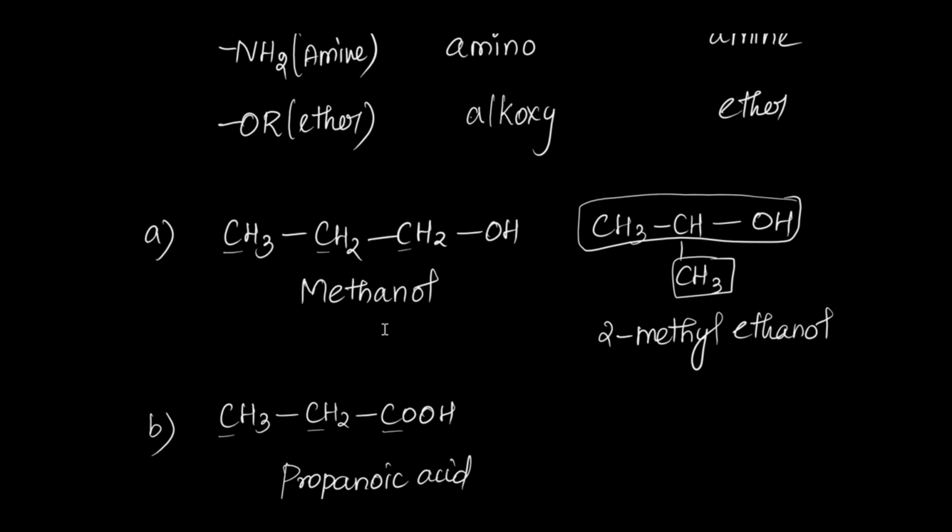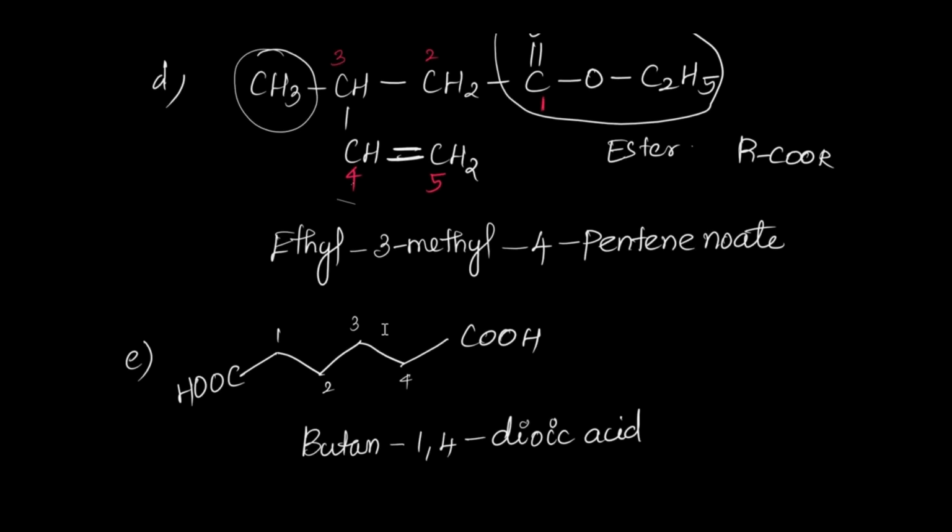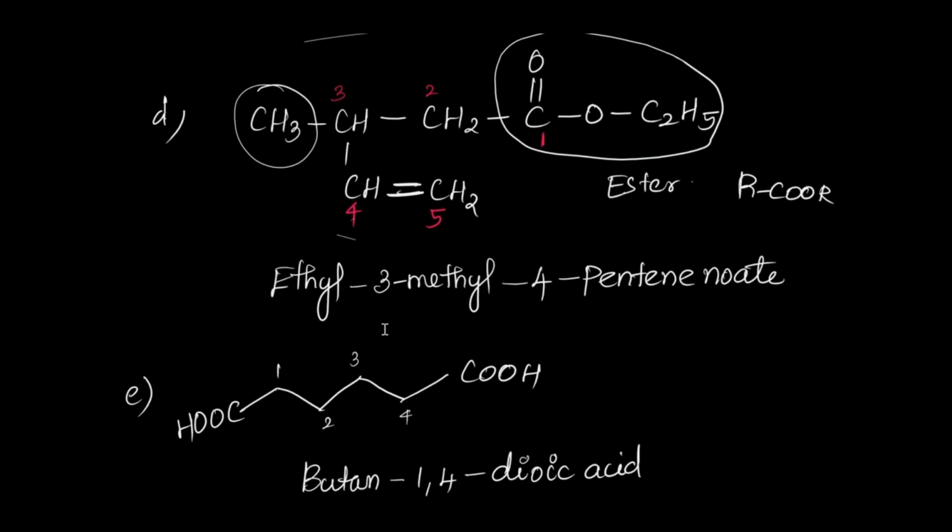Take the first preference group, and then the second one becomes a substituent. Always give more preference to the functional group than the substituent. Like you can see, ethyl 3-methyl 4-pentenoate. Okay, ester group is there, double bond is there. So we are including that chain, including both the functional groups, in the parent chain.